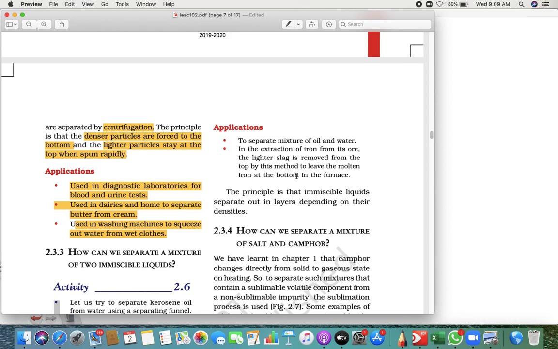When it rotates very fast, the denser particles, meaning water, get separated out of the clothes and they get dry. That is how we get semi-dry clothes from a washing machine. That process is also centrifugation, which you are using in your washing machine at home.